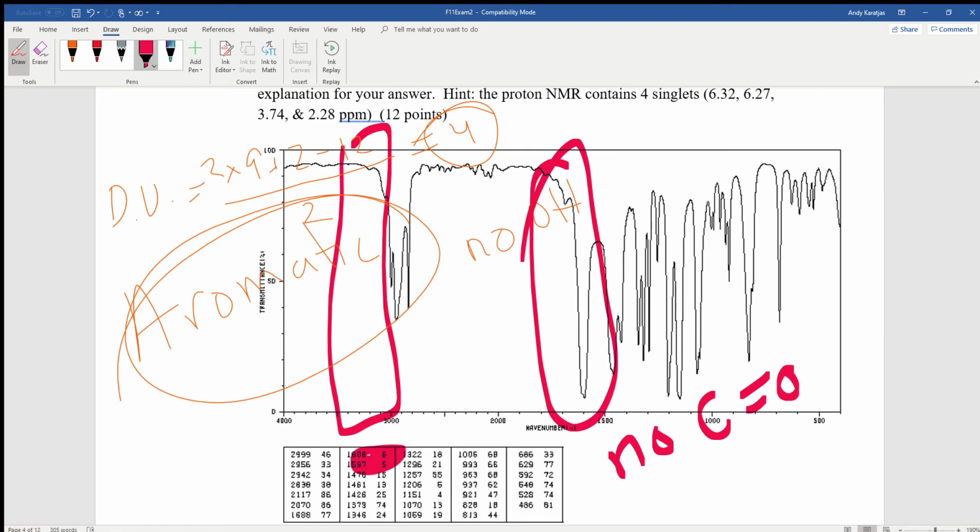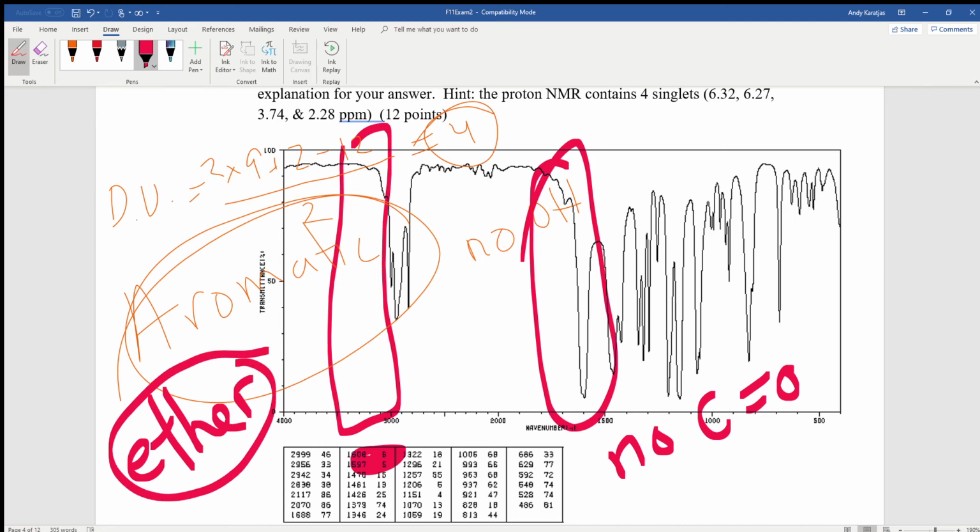So then what types of functional groups could the oxygens be used for? We know we're unlikely to have an alcohol, and we know we're very unlikely to have a carbonyl. So the logical conclusion at that point is that maybe there's some sort of ether.